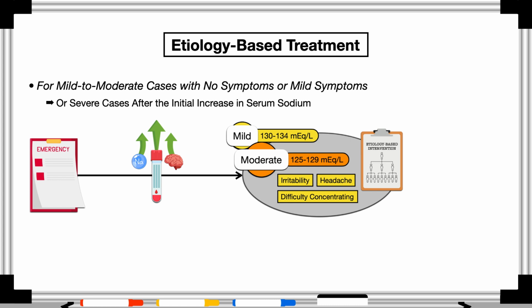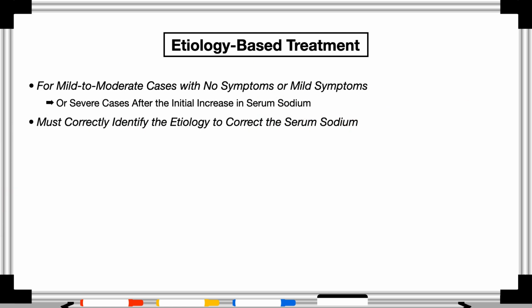After the initial increase in serum sodium and alleviation of neurological symptoms, the treatment for hyponatremia begins to track with the etiology-based care seen for mild to moderate cases with no symptoms or mild symptoms.